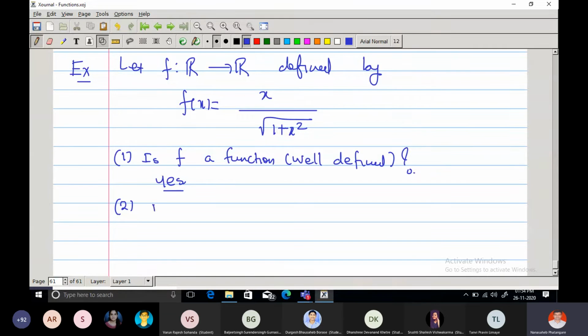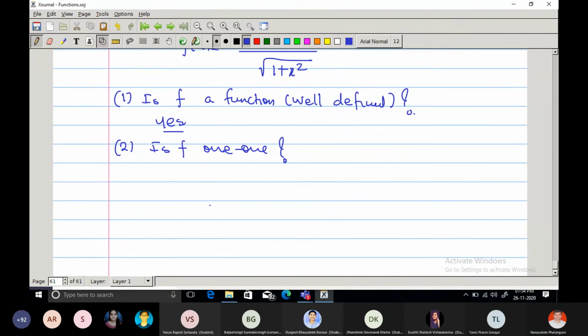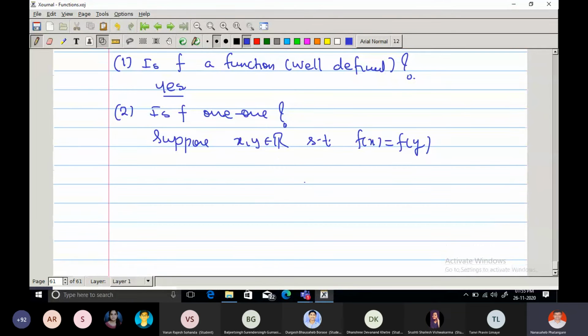Is f one-one? So let us check. Suppose x and y are real numbers such that their images are the same, or if you choose distinct elements, check that the images are distinct.